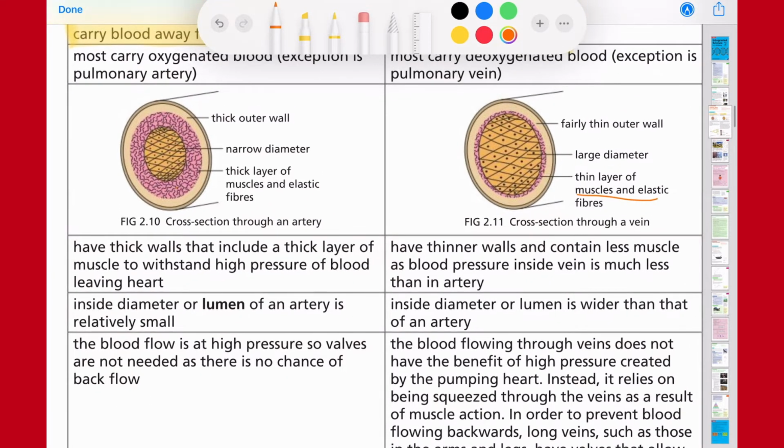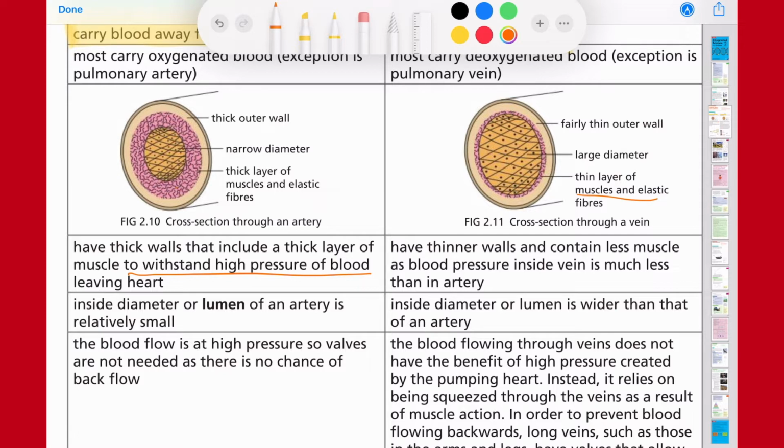Arteries have thick walls that include a thick layer of muscle, and that is because they need to withstand the high pressures of blood leaving the heart. Remember, your heart pumps blood around your entire body, so the power with which blood leaves the heart is very strong.